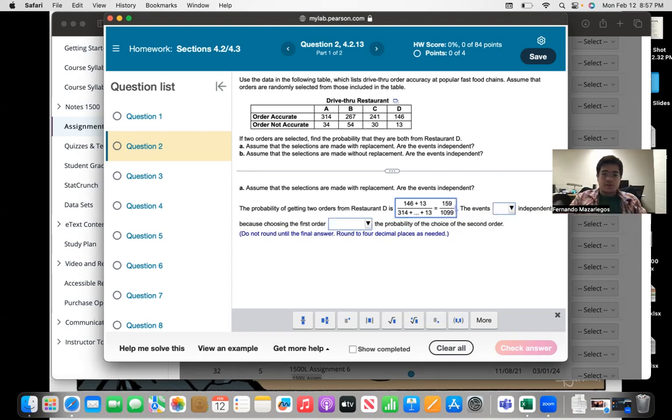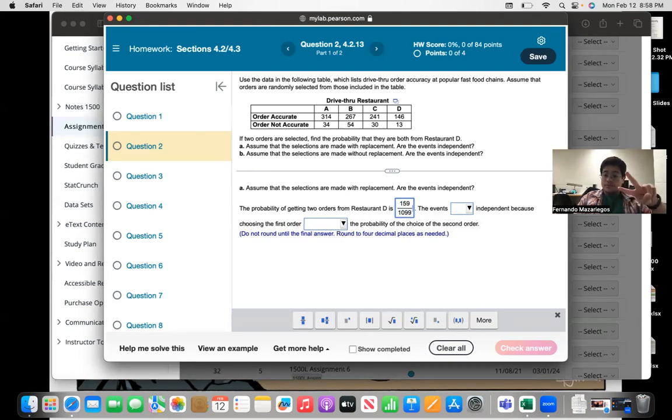Let's just stay with this. I just read that we should not round until the final answer. So let's just stick with this fraction for the moment being. It is 159 over 1099. So this is the probability of selecting one order from restaurant D.